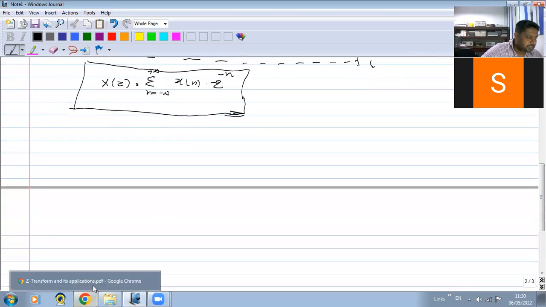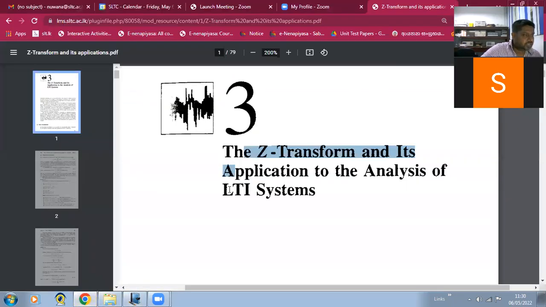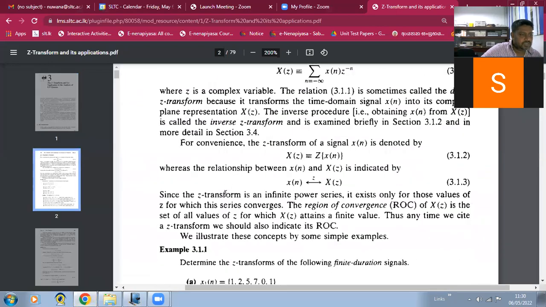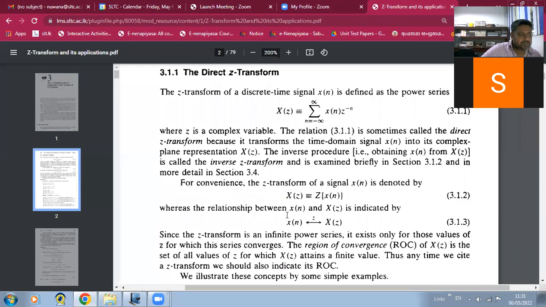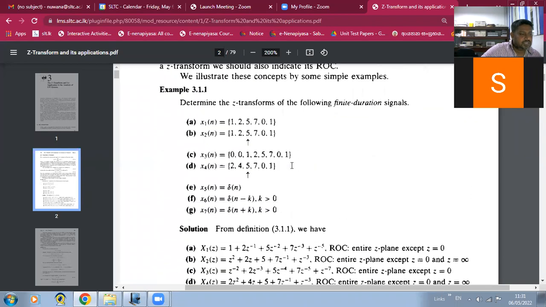So I will take one example from your notes. You can see that here you have the equation. So let's do this question.